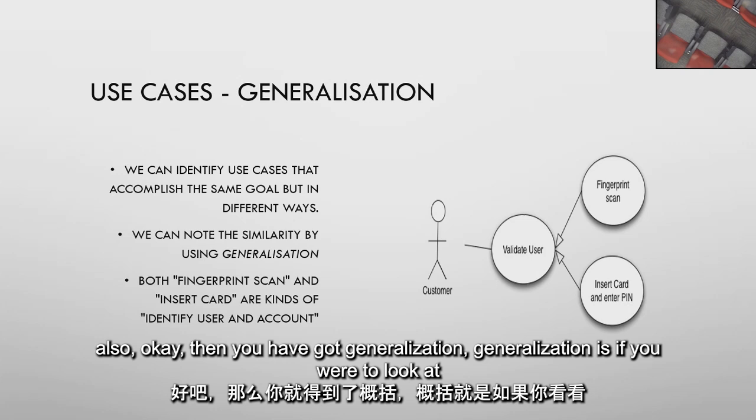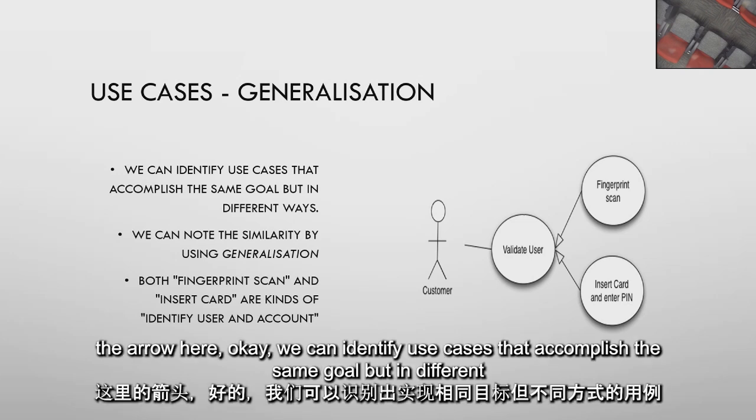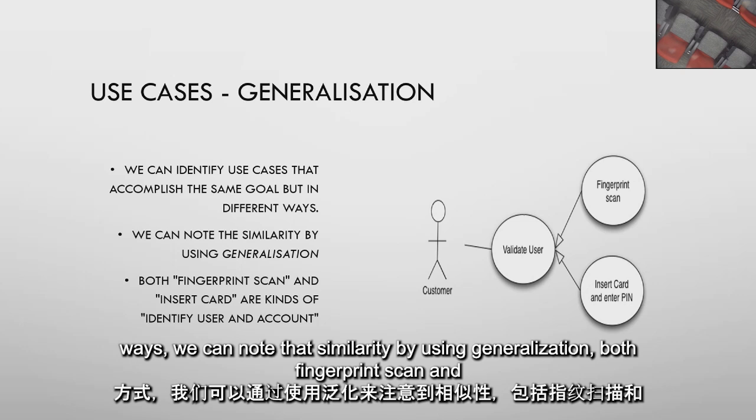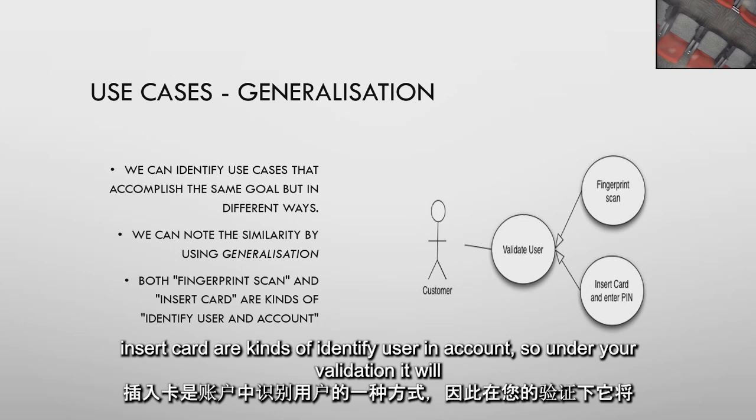Then you have generalization. Generalization is, if you were to look at the arrow here, we can identify use cases that accomplish the same goal but in different ways. We can note that similarity by using generalization. Both fingerprint scan and insert card are kinds of identify user and account.